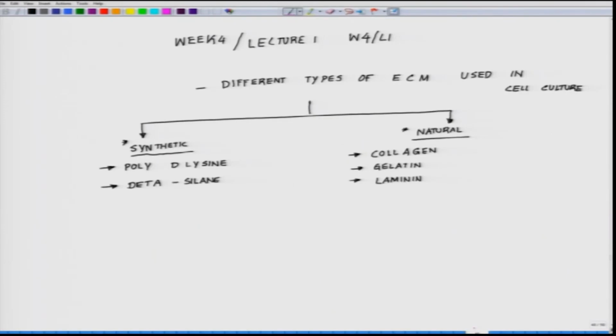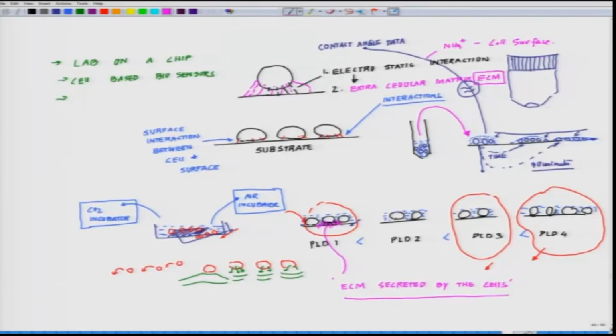If we go back to our list, we talked about this. Now let's talk about collagen. In the case of collagen, again you are doing the same thing. You take a substrate and you have the collagen protein dissolved in a buffer.